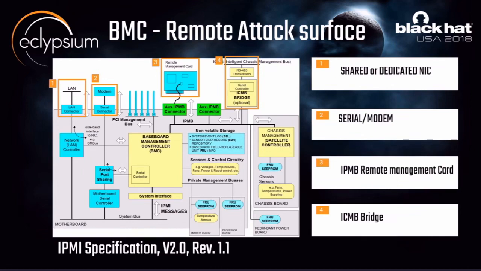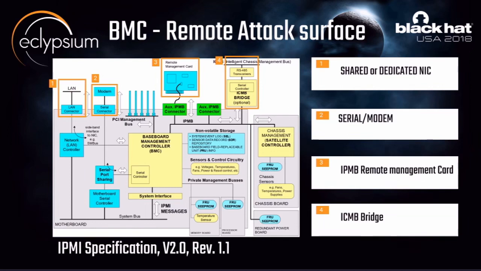We have the LAN or the NIC, where the BMC shares a network port with the host or has its own dedicated network port, and the serial connection, the IPMB and ICMB bridges, as well as other connections going to the host. For example, the system interface between the BMC and the host. Think about it as two computers: the BMC is one computer, the host is another computer, and they communicate with each other.